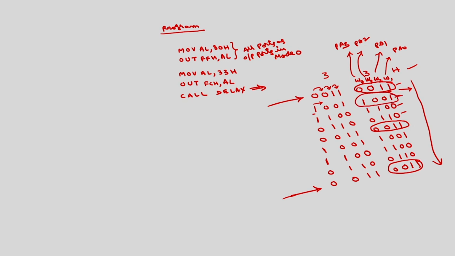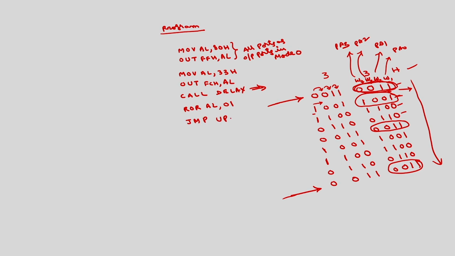For that we have to rotate this value to the right by 1 bit position, so you write ROR AL, 01. The last bit will come to the first bit. Then again you output the same sequence, so for that an unconditional jump to up.